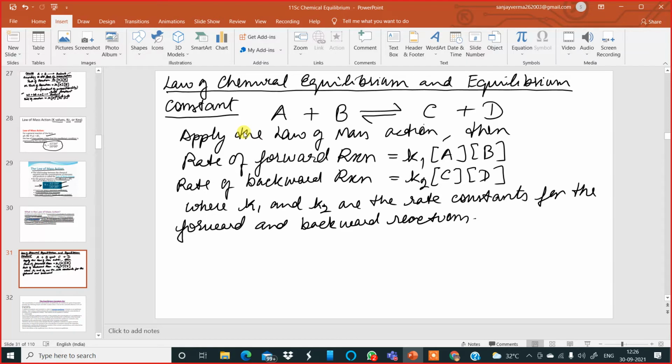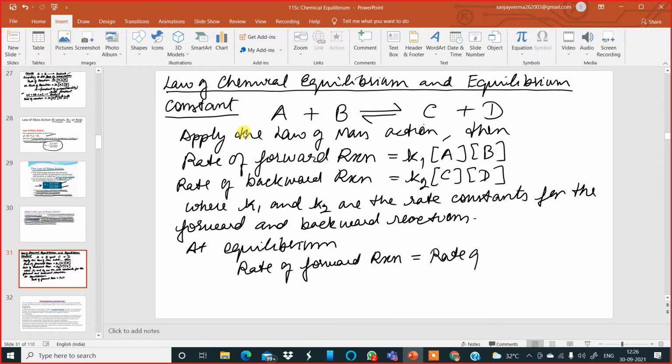It's very, very important. Now at equilibrium, we know rate of forward reaction is equal to rate of backward reaction.